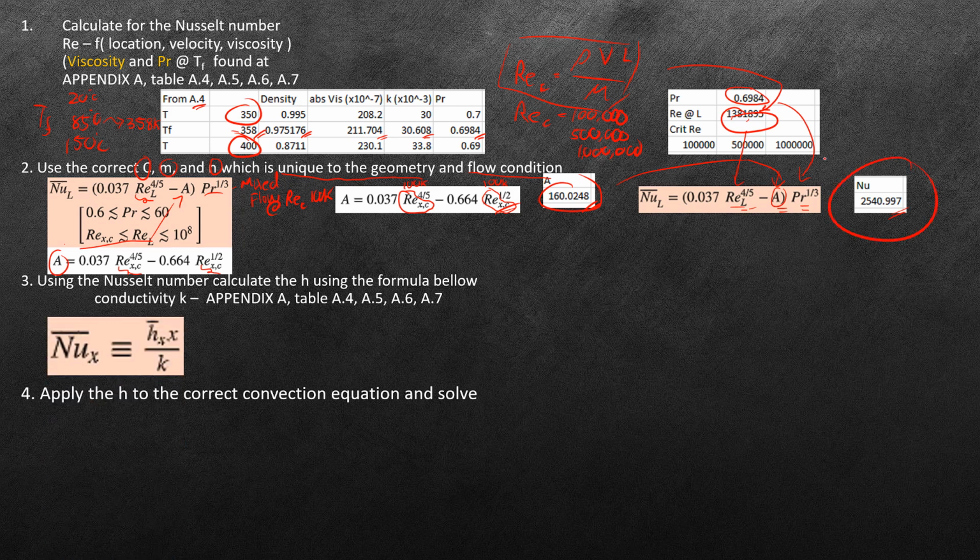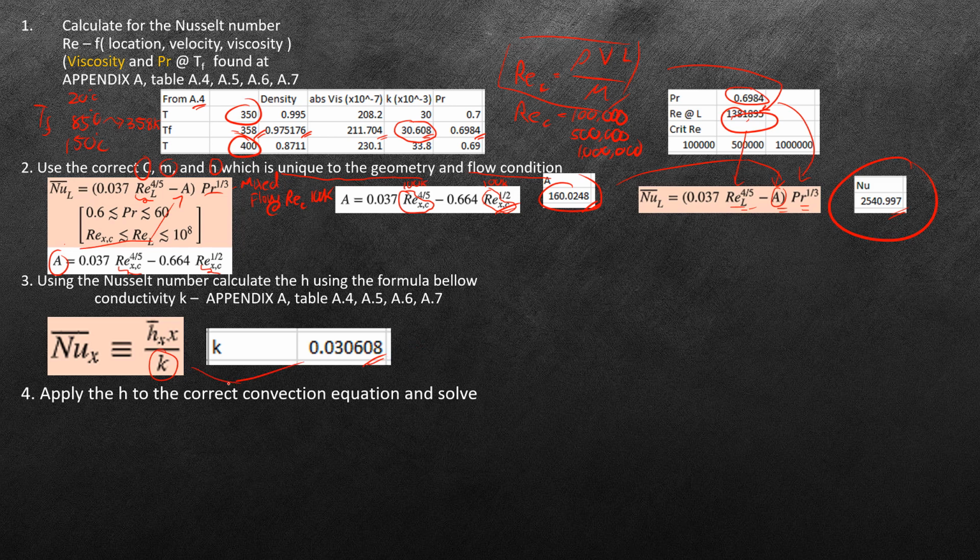From the Nusselt number that we've just calculated, we can use this expression, the very definition of the Nusselt number, which is the ratio of the convection over the conduction of the fluid. So from here, we only need our conduction k, which is given to be this value right here, 30.608 multiplied by 10 raised to the power of negative 3, which translates to this decimal value.